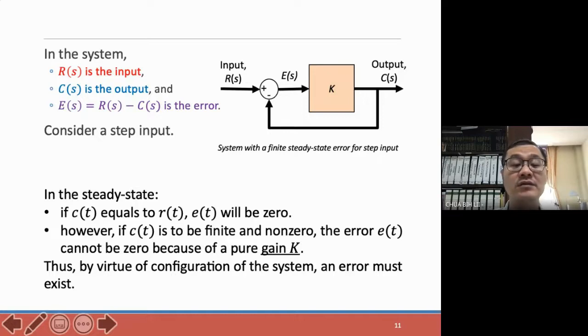So by virtue of the configuration itself, the error must exist. It can exist due to the value of this transfer function, the gain k. If the gain is 1, we put input 1, gain 1, output would be 1, compared with 1 we get 0, very straightforward.